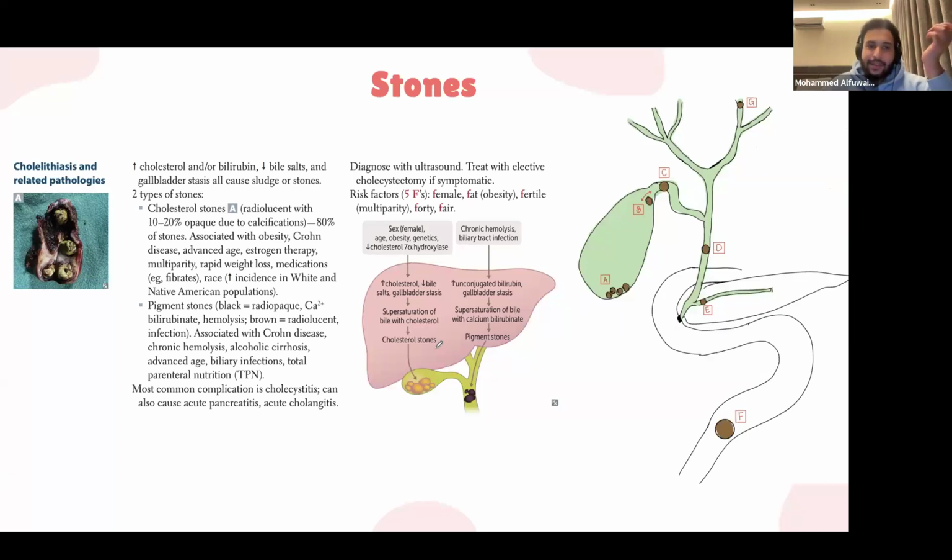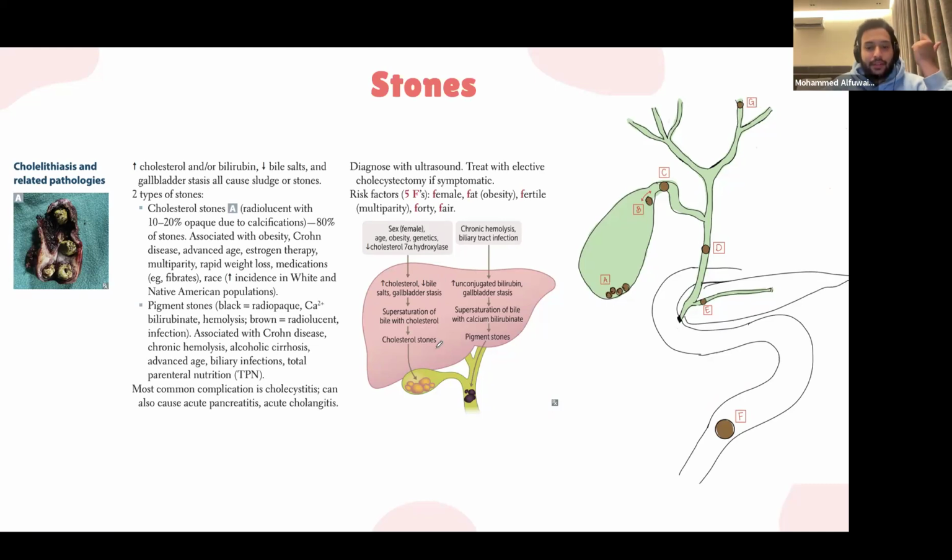A female in her 40s, has 5 babies. Okay, we got this in our surgery exam, exactly like this. Female, 40 years old, has 5 kids, presents with right upper quadrant pain. What do they have? Gallstones, okay? So the risk factors are the 5 Fs. There's a 6th one as well, but I forgot what it was.